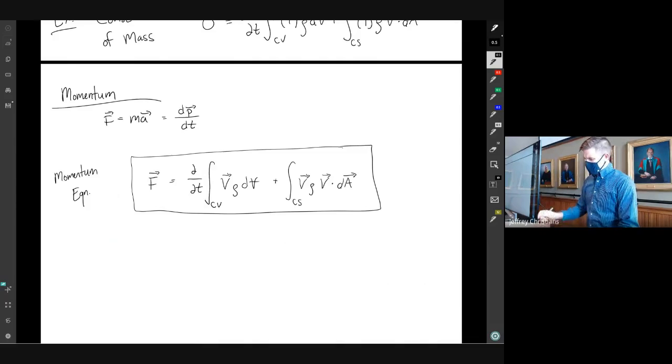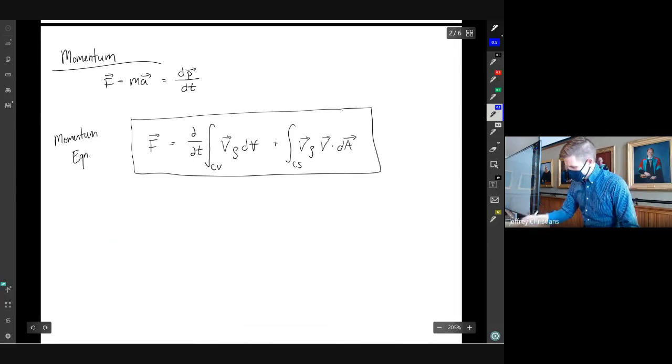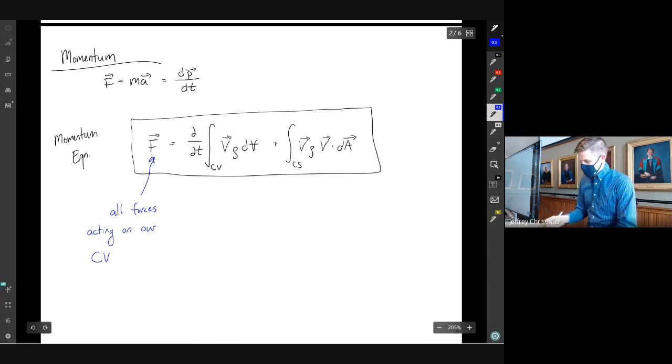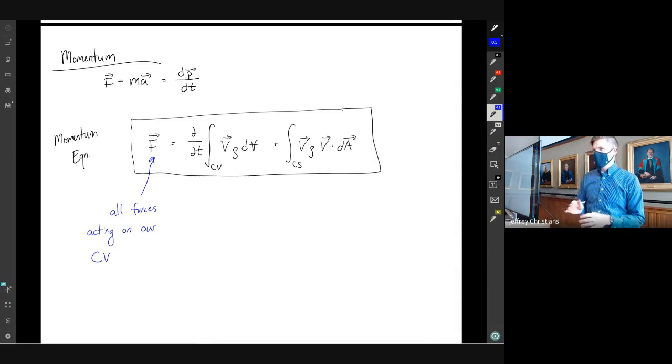The forces are all forces acting on our control volume, and this is the one that can get a little bit funky to think about and to handle.